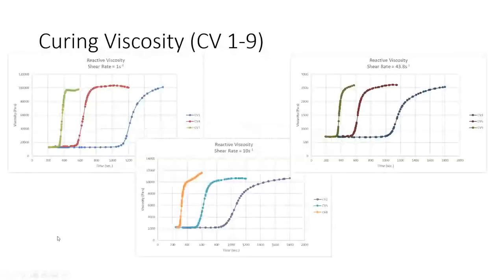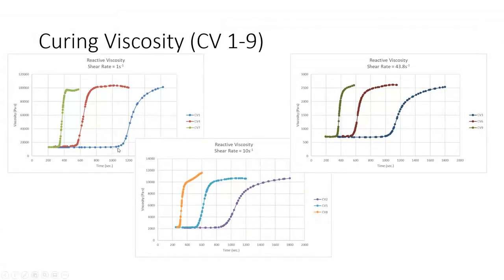All right. So cure viscosity would look like this. As we're starting to see, I've broken this out into the 3 shear rates, low, medium, and high, and we're looking at these viscosities, the N star value, across the tests, and I've got them listed here, and you can see all the individual data points.